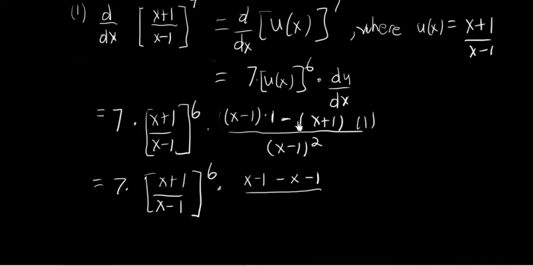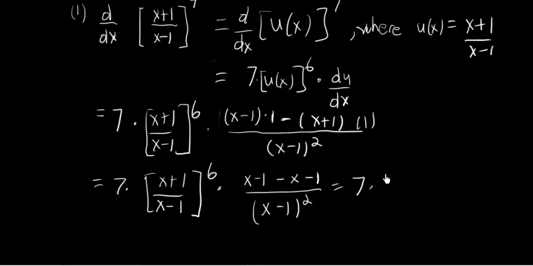Just went ahead and distributed the negative sign here. And over x minus 1, quantity squared. And now we just have to do some more simplification here. So we have x minus 1 to the 6th in the denominator.